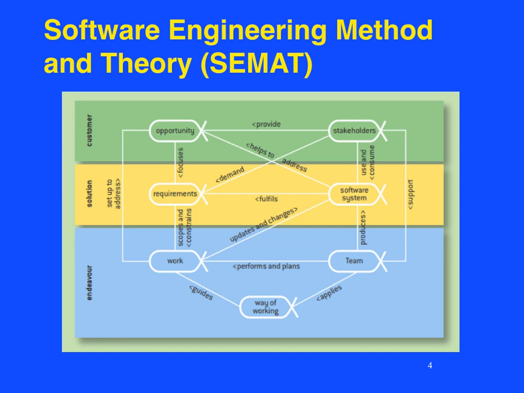The CMAT Essence Kernel is the Swiss Army knife, and the alphas are the blades that make it an all-purpose tool, including stakeholders, opportunity, requirements, software system, way of working, team, and work.